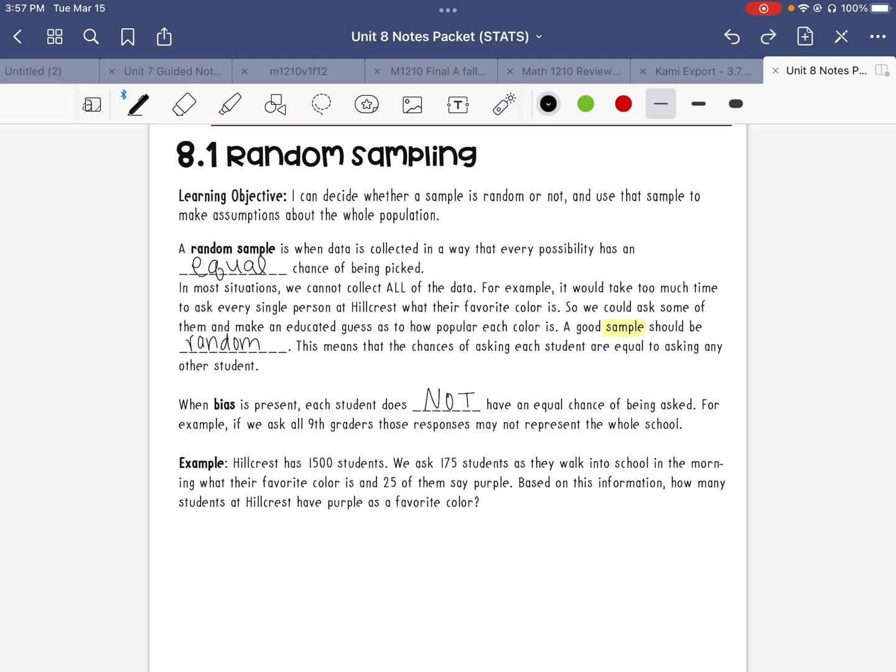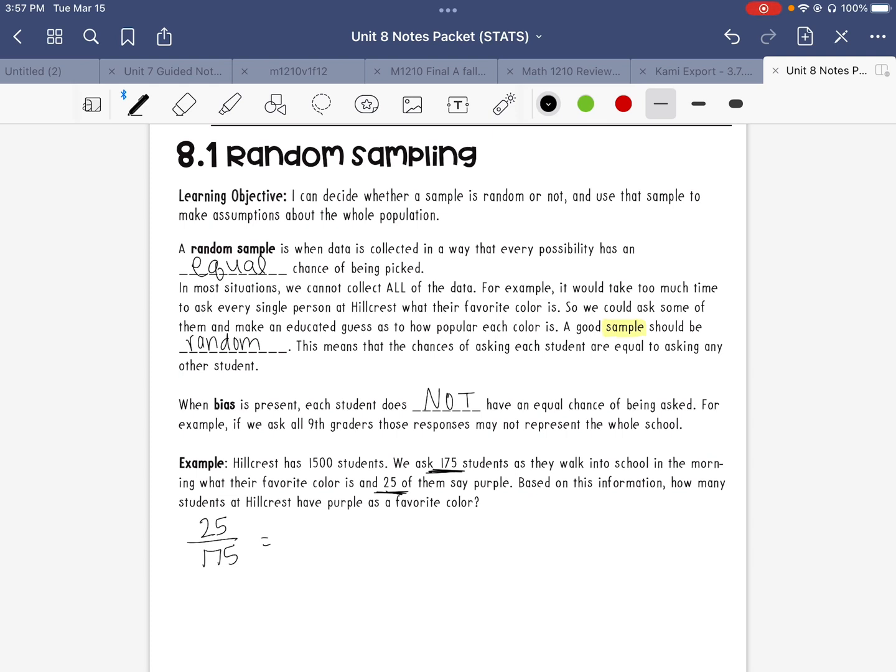The way that we do this is we find that 25 of the 175 that we actually asked said purple was their favorite color. So we would find the percentage of people that liked purple out of that group, so we would take the 25 out of the 175, and you can reduce this fraction into a decimal or a percentage or not. You could actually leave it.